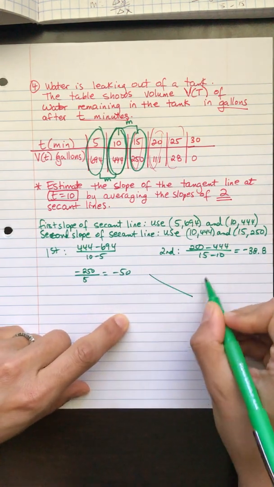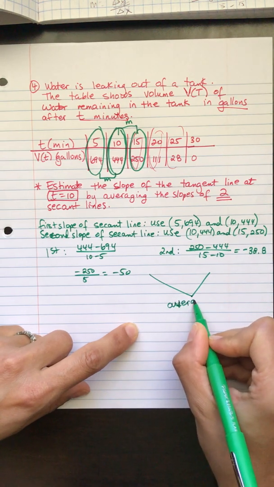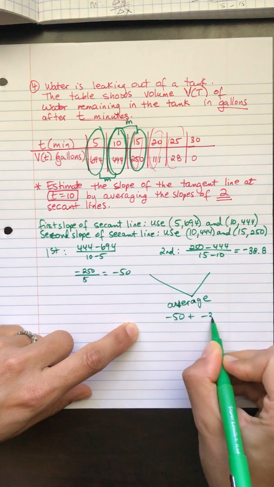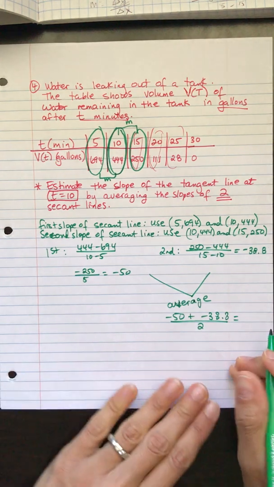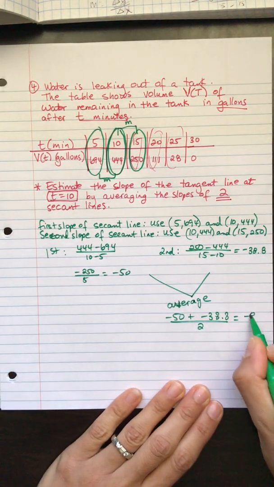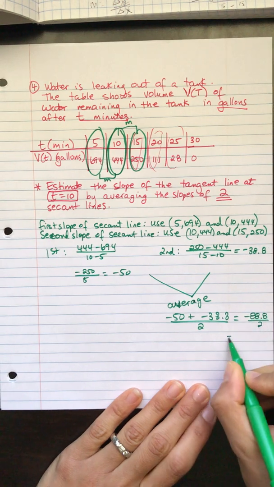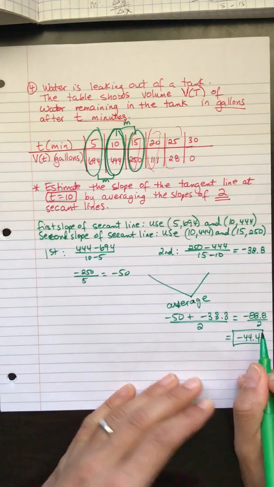And so the answer to my problem is when I average the two answers. So negative 50 plus negative 38.8 over 2. Negative 88.8 over 2, and that is negative 44.4. Okay. I hope my math is right.